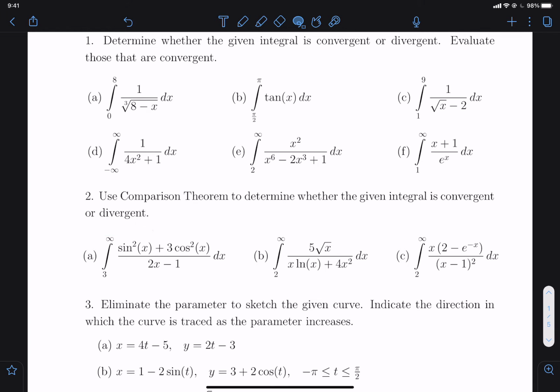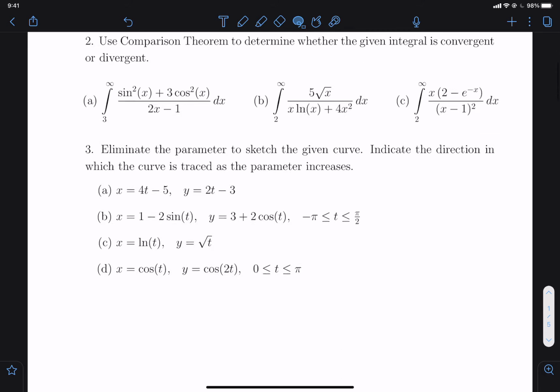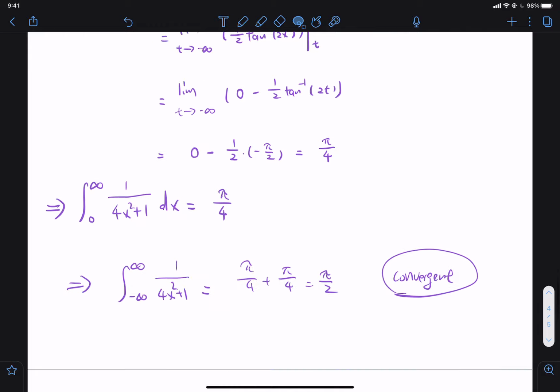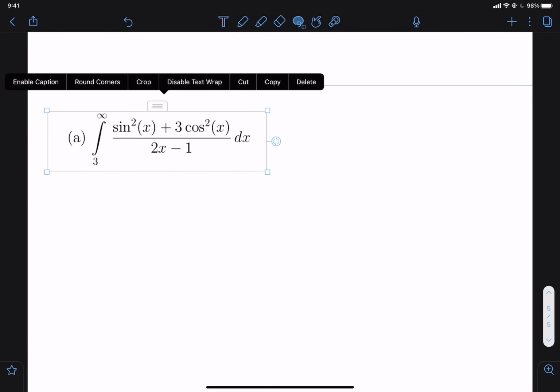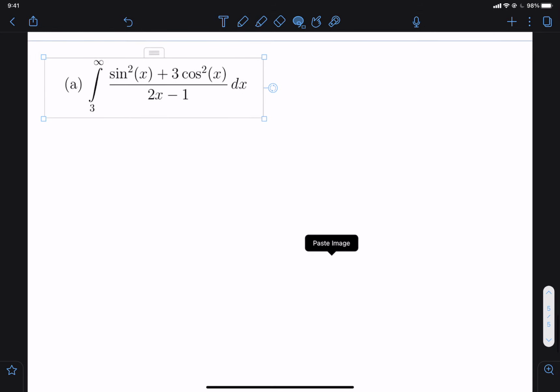Use comparison theorem to determine whether the given integral is convergent or divergent. Right? That is a lot easier. I think we don't need to compute that much. We just need to compare this with some known function. Okay, so the function that we're dealing with is this sine cosine thing divided by 2x minus 1. Right?